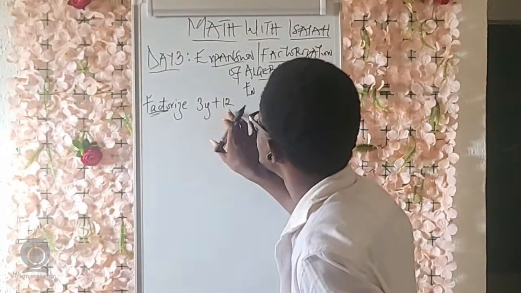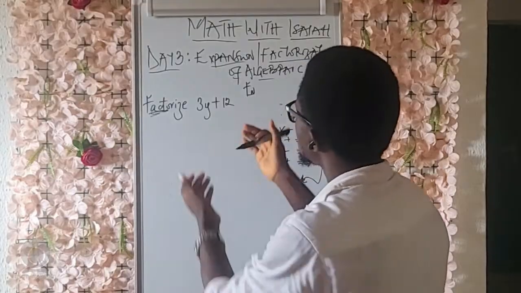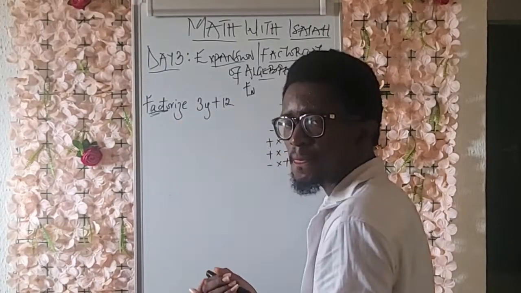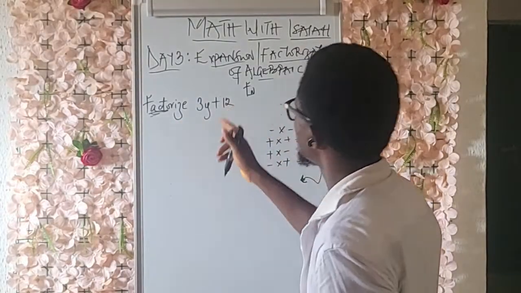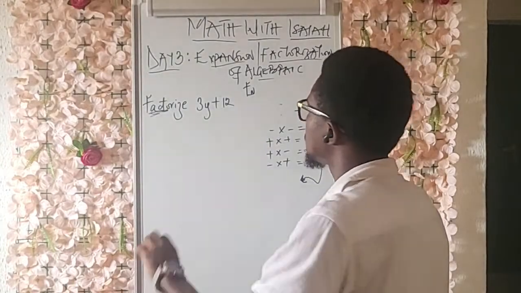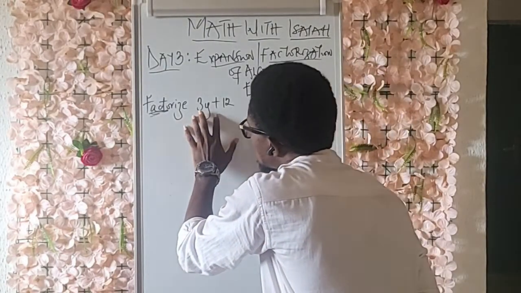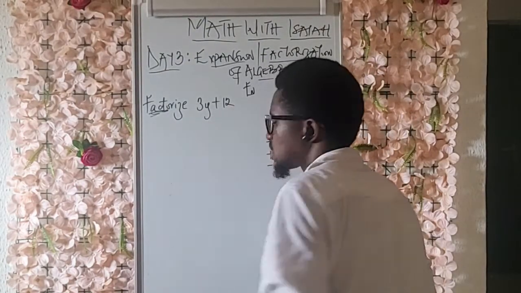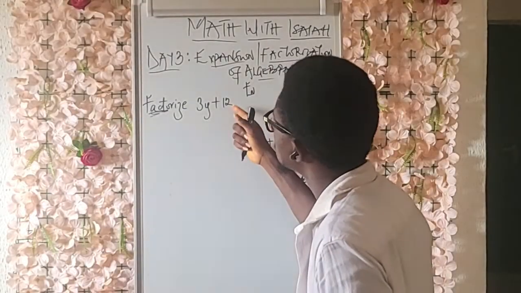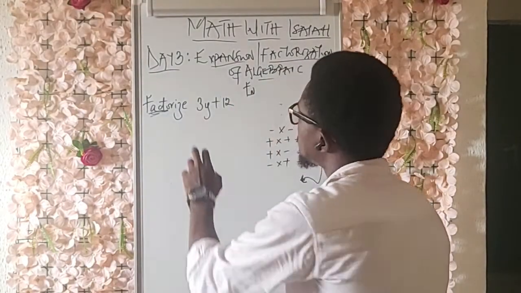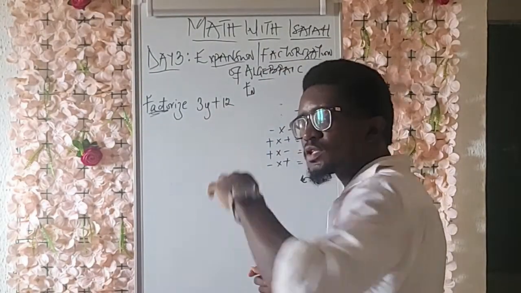So when you say factorize this and this, now what do you think is common in this? What can you bring out of here that is also here? Now if you look at this, you see that there's 3 here, there's 3 inside 12. Meaning if you divide 12 by 3, you can see 3 in 12 4 times.